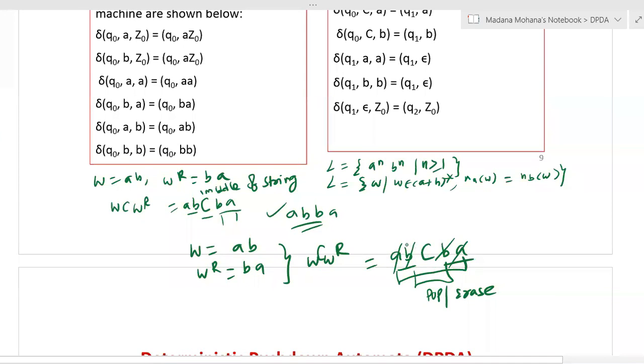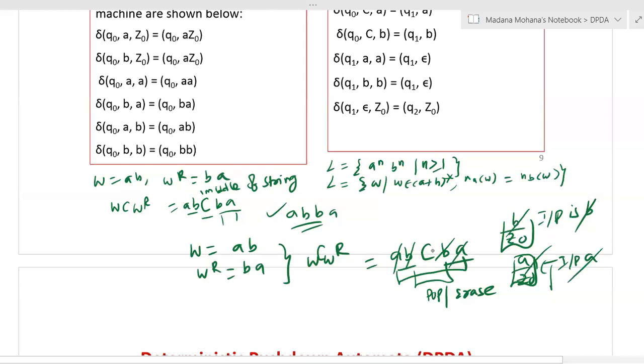That means the input and the top of the stack should be the same, and only then do we pop. Here, this is the stack. Suppose on top we have B. Then if the input is B, we can pop the top B. Second case, the stack top is A and the input is A. You have to pop because of this logic.